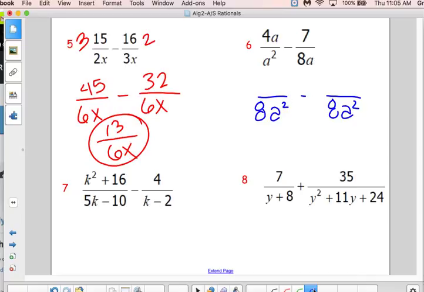So write your denominator first, and then after that, all you're going to be doing is changing it. So how does 8 change into an 8a squared? So our new numerator will be 32a. How does an 8a change into an 8a squared? Times the a, which will give us 7a.